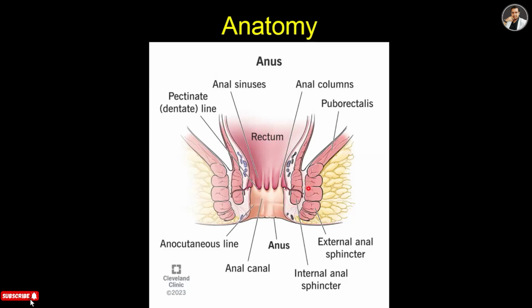The one is the internal anal sphincter. So this is the internal anal sphincter, and these are the external anal sphincter. And sphincters are actually modified muscles, and this external anal sphincter is at the end of the puborectalis muscle.